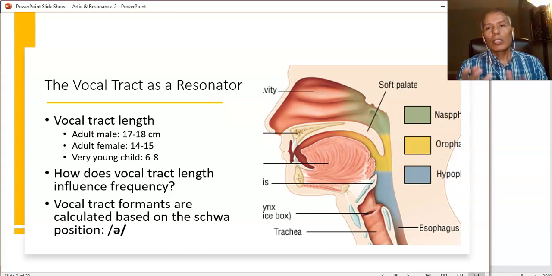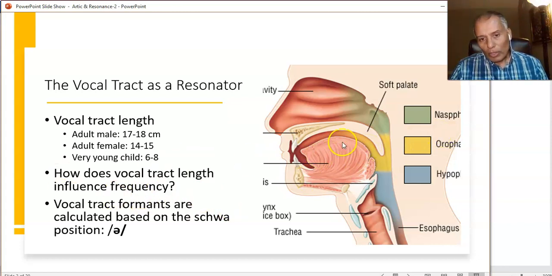Very young children are about 6 to 8, but children from about 10 years up to about 13 are about 10 to 13. It depends on the size of the face and whether the person has achieved enough maturation in the facial skeleton and the facial plate.